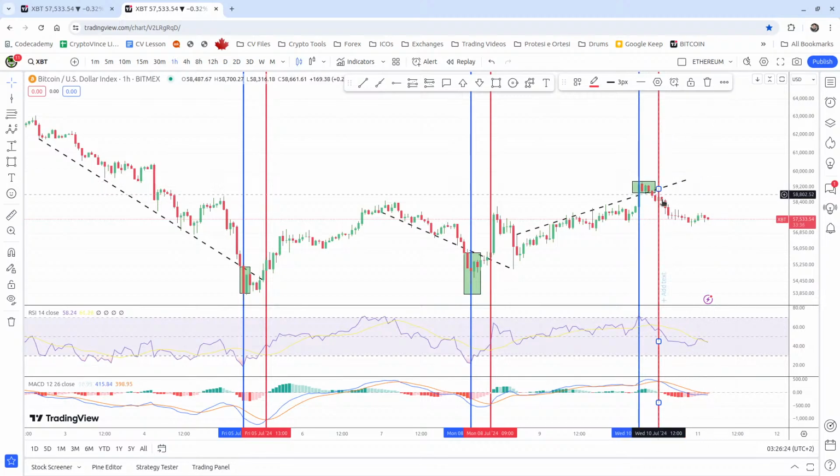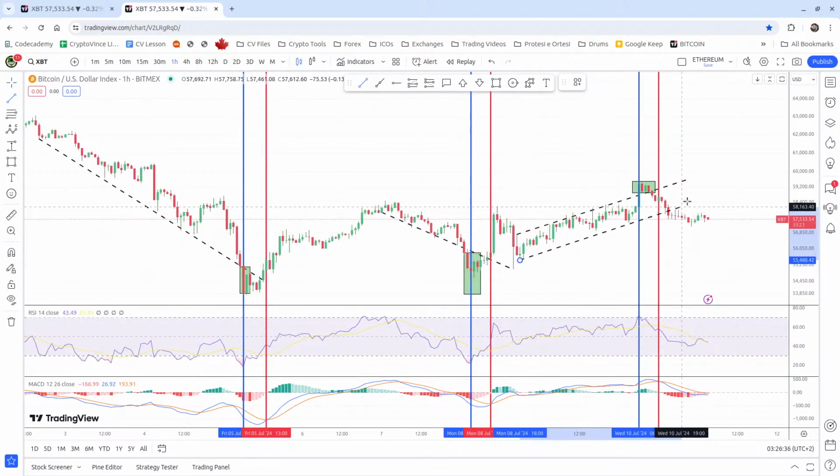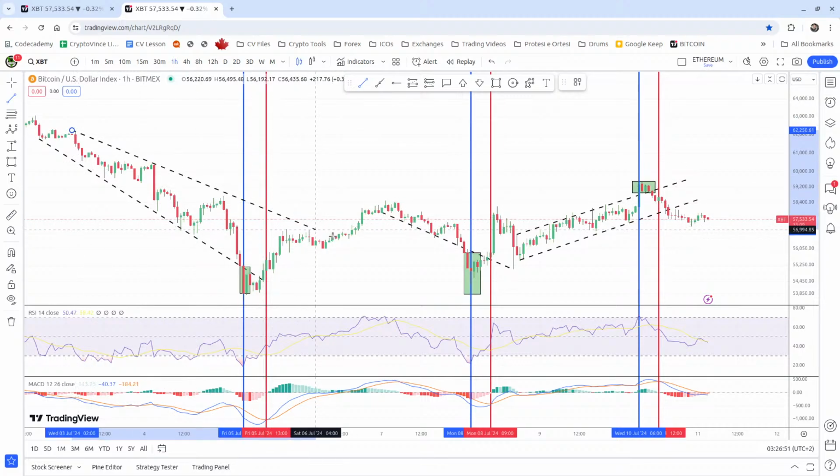We could have entered on MACD cross, bearish cross here, and that would have been way better to enter on the breakdown of the uptrend, which would have been right here. So very low compared to here and here. Also on the uptrend here, I mean, well, this is a broadening wedge.